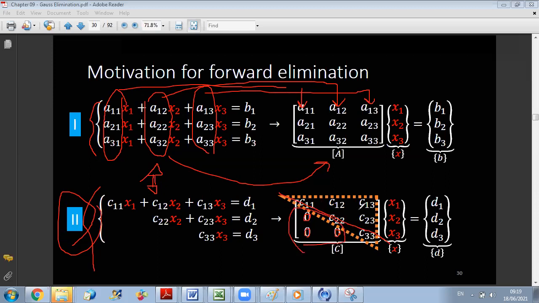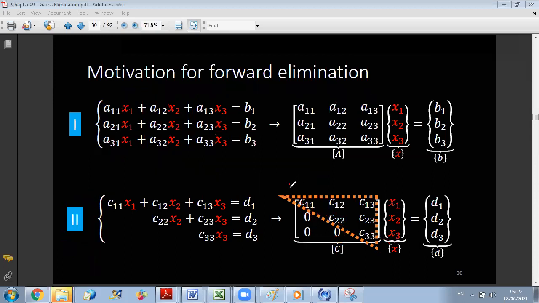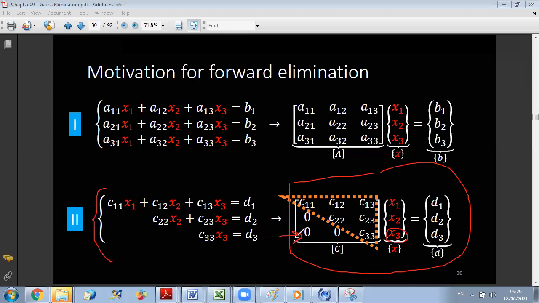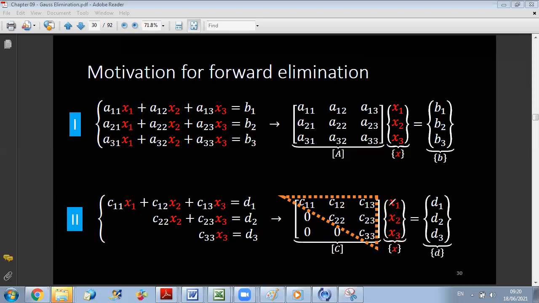What is the importance of this matrix? Take a look now at this system. If you just take a look, you can tell me what x3 is. Can you tell me the value of x3 here? If you have this configuration, it is equivalent to the original system. Look at the third line: when you multiply the third line by the column, you get 0 times x1 plus 0 times x2 plus c33 times x3 equals d3.